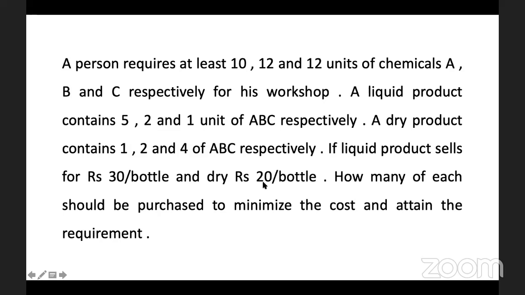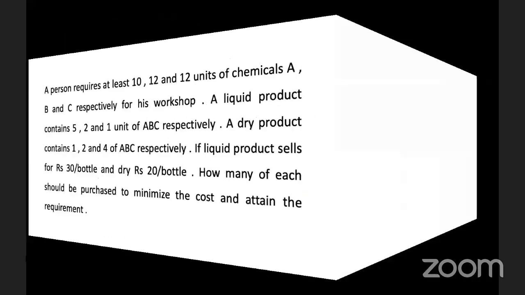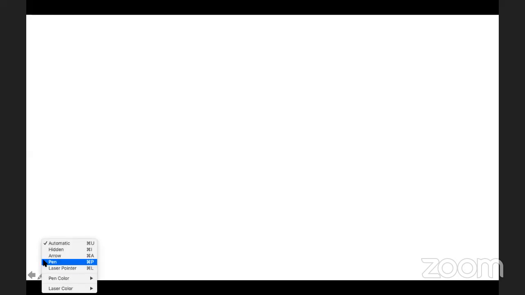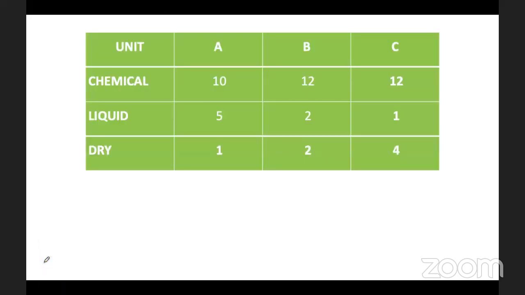So, of course, 30 per bottle in the sense of 30 rupees per bottle and 20 in the sense of 20 rupees per bottle. So basically what we're looking at is the price. And here what you have to do is minimize the price as a whole. So as I told, this is considered as x1 and this will be considered as x2.